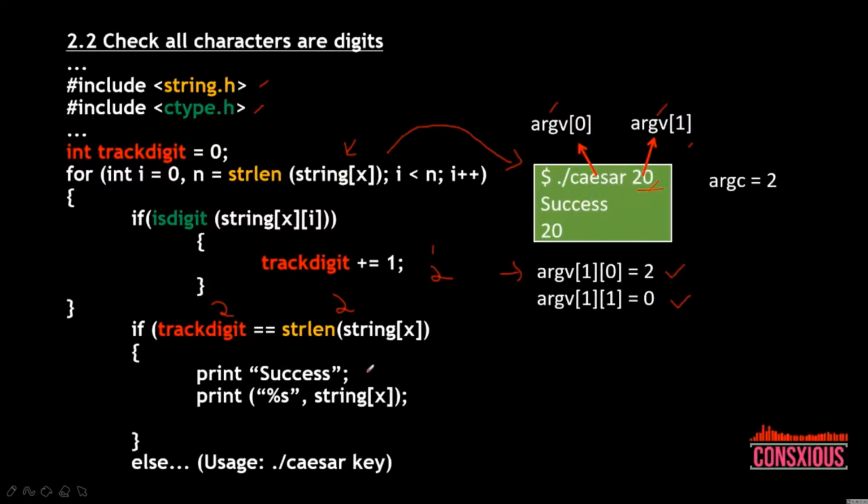So it will print success. We also can print the string here, as we mentioned just now, we have to print back the same string. Else we have to prompt the user that it is wrong. So basically this is the concept here.